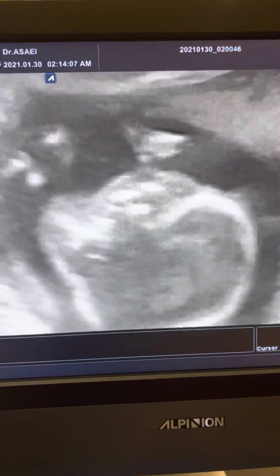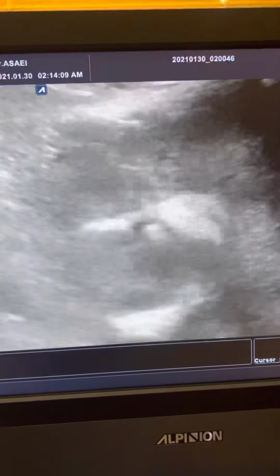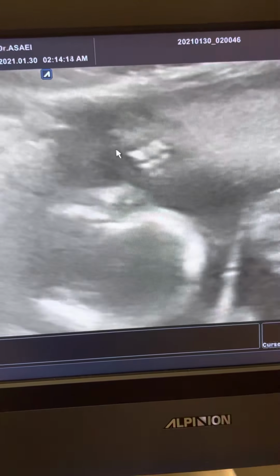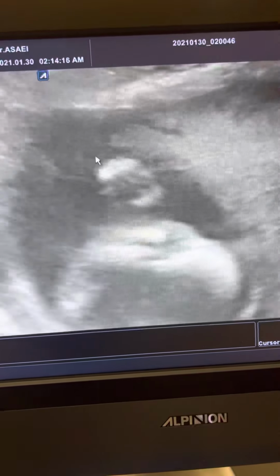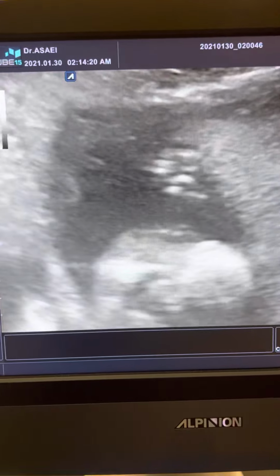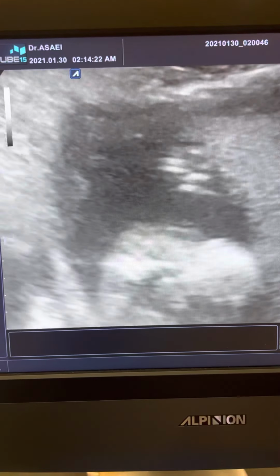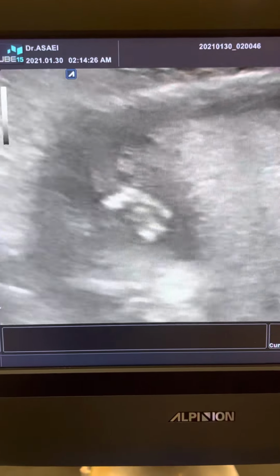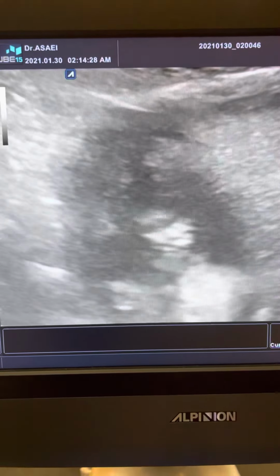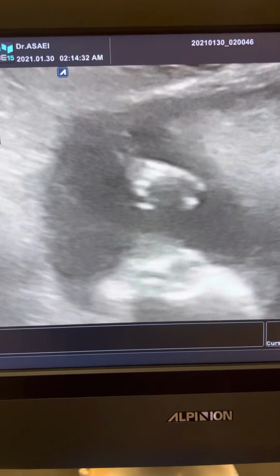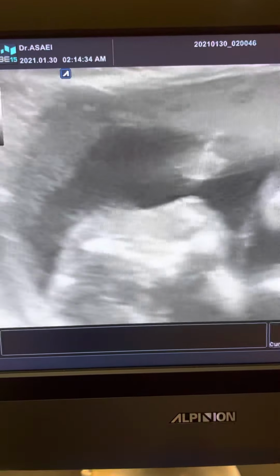So here we can count the fingers of the right hand. So we have here the right hand of the fetus.